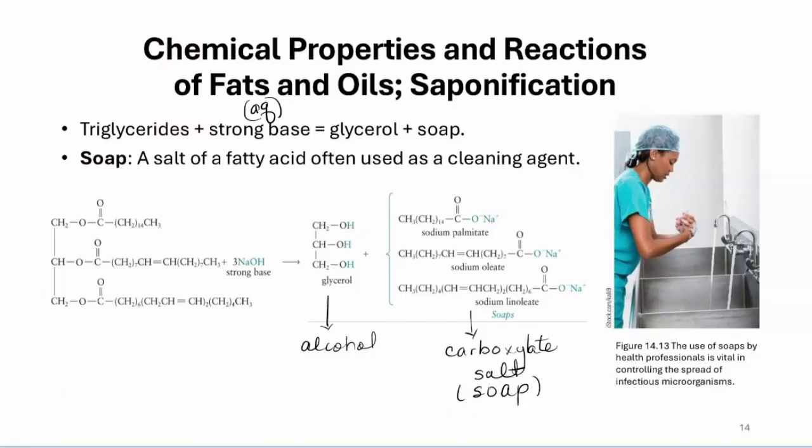Soaps act as cleaning agents. And as you can see in figure 14.3, soaps are often used by health professionals because this is a way to control the spread of infectious diseases or infectious microorganisms in the case that a surgery has to be performed.